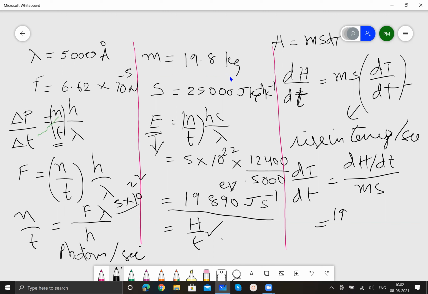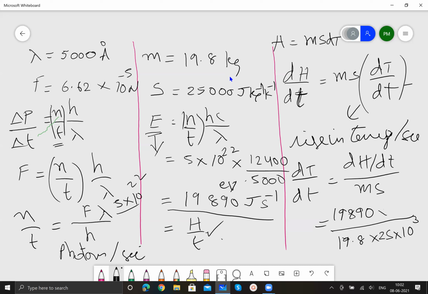It is 19,890 divided by mass 19.8, specific heat 25 into 10 to the power of 3.